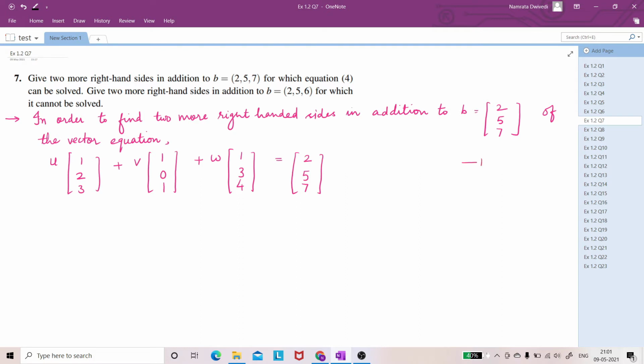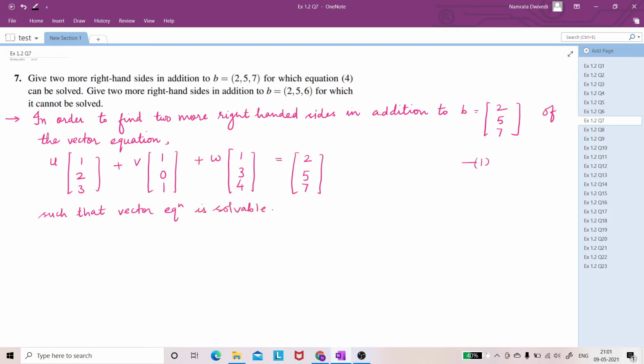Okay, this is the vector equation, such that, what's the condition? Such that the vector equation is solvable.